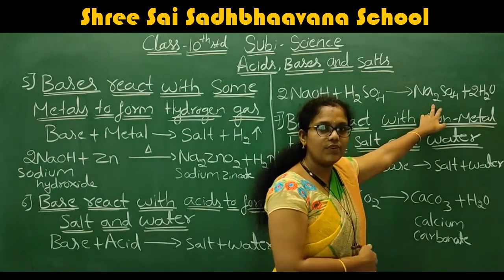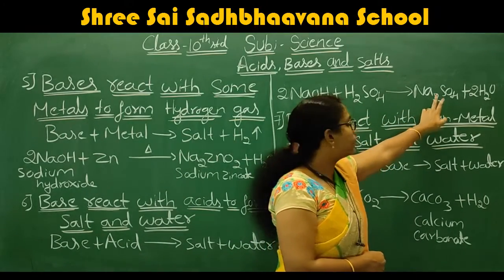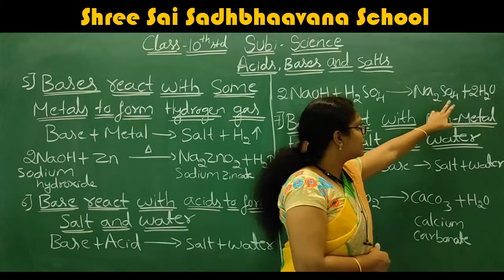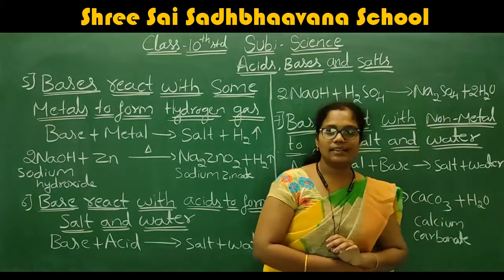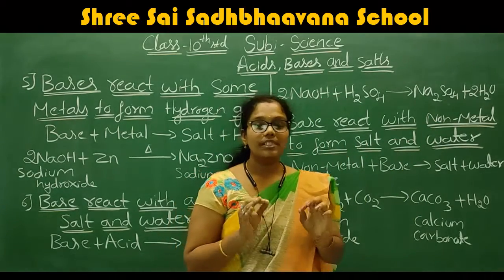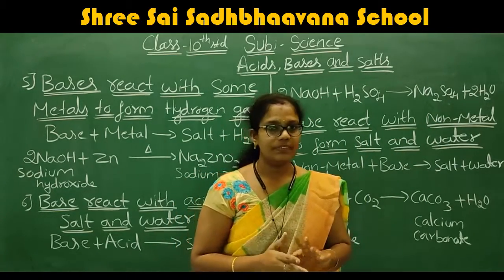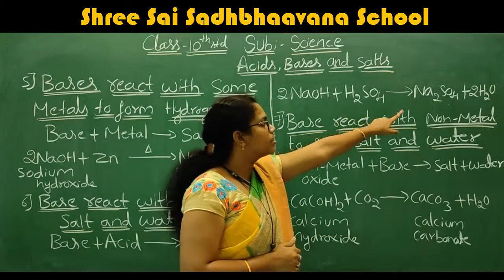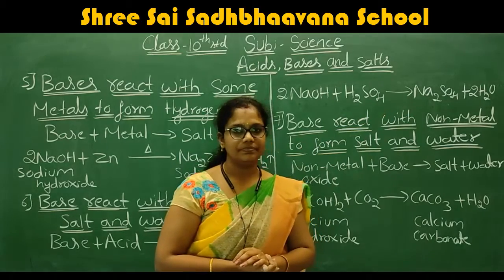Na is sodium, SO4 is sulfate. Therefore, sodium sulfate plus water is formed. Sodium sulfate is a salt. When a base reacts with an acid, it forms salt and water.